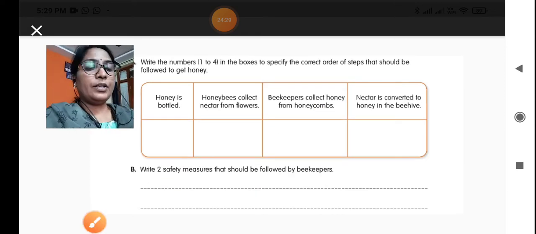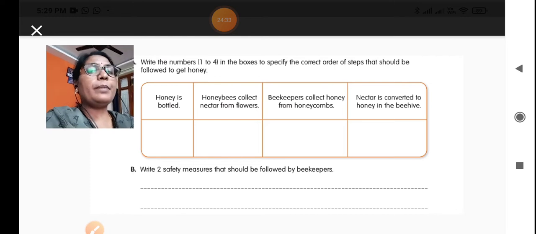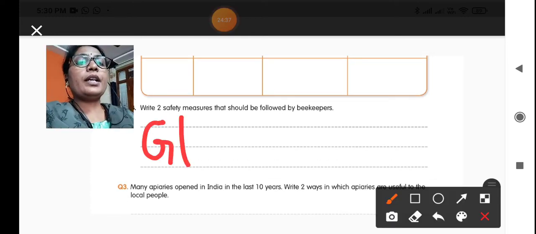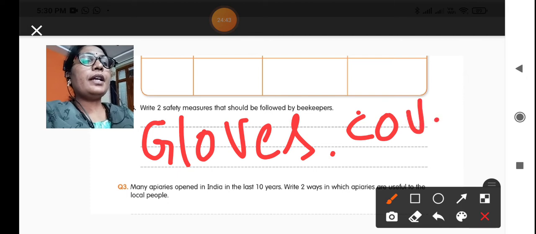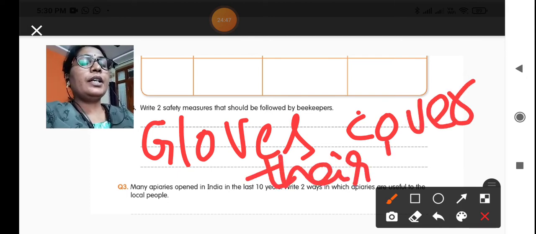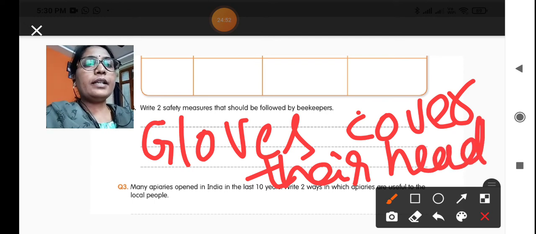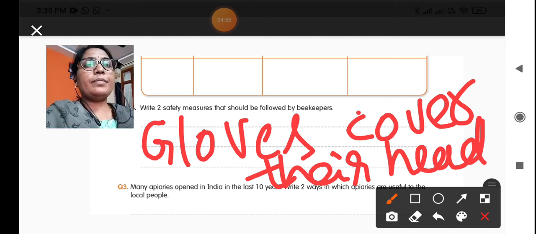Understood? So, write two safety measures that should be followed by beekeepers. They should compulsorily wear gloves when they are collecting the honey, and they should compulsorily cover their head when they are collecting the honey, because they should protect themselves from bee stings.